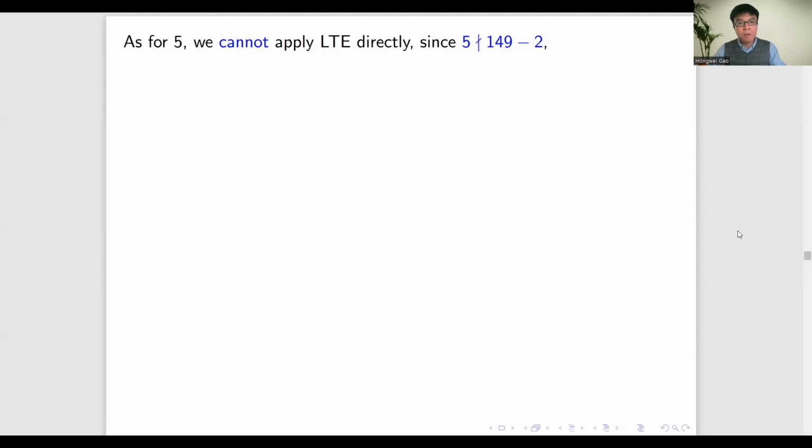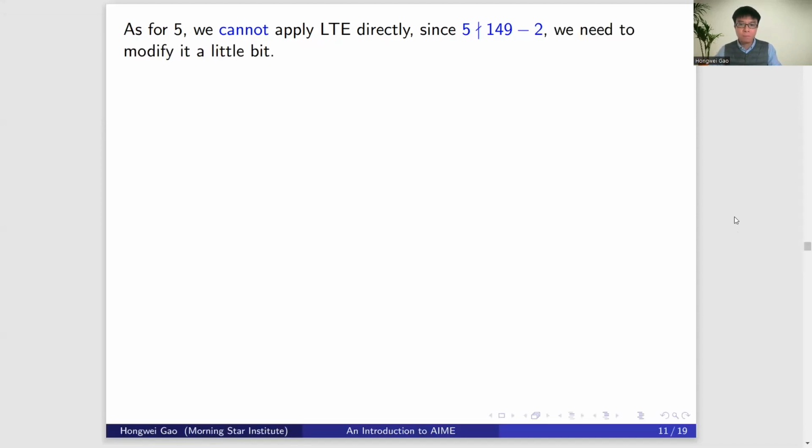As for the prime number 5, although we still have 149 not divisible by 5 and 2 not divisible by 5, we also have 149 minus 2 not divisible by 5. So we cannot apply the lifting the exponent lemma directly. So we should do some modification. Now let's investigate the fact that this number should be divisible by 5, right?